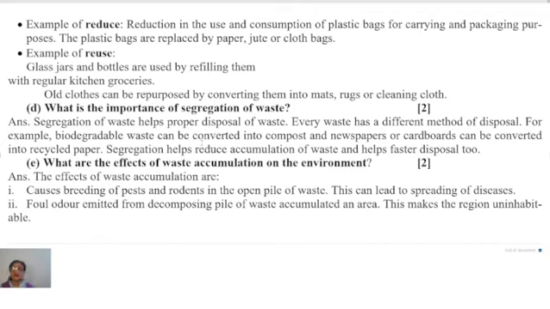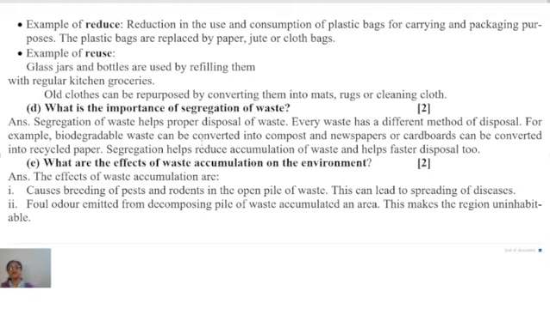These are generally taken as waste, and once they are of no use, they are just thrown out. Now these can be used in kitchens or to keep several things in them. So in that way we are reusing these. Clear? Then old clothes can be reused by converting them into mats, rugs, or cleaning cloths and all.